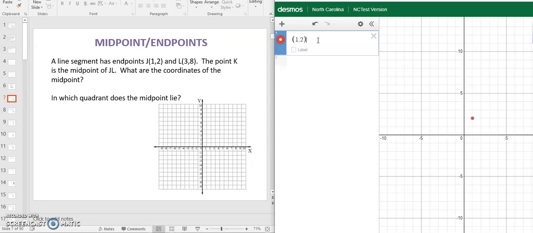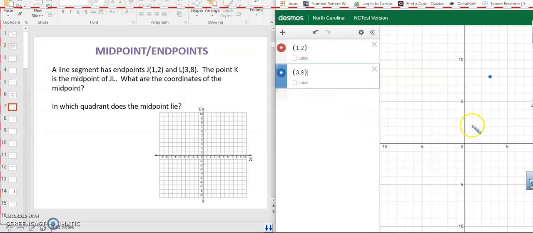Okay, there's one point, and I'm going to graph the other point. All right, now I can see my 2 points. And it says the point K is the midpoint of JL. So the midpoint between these 2 points. What I need to find out is how far apart are they.